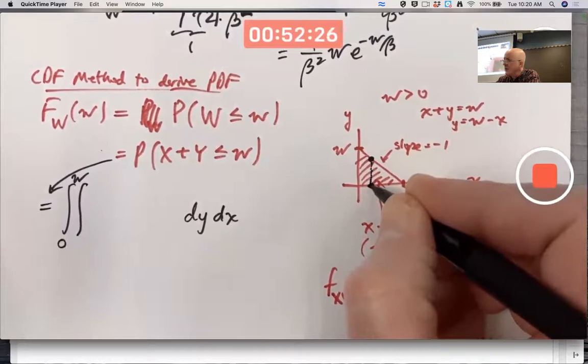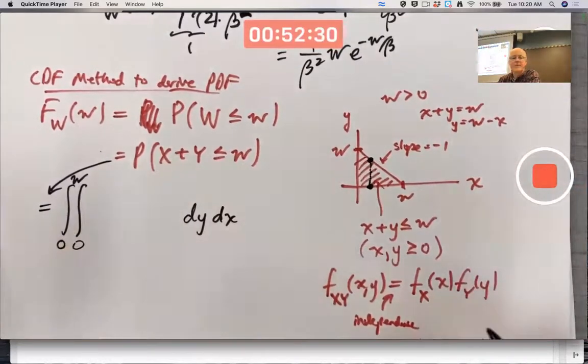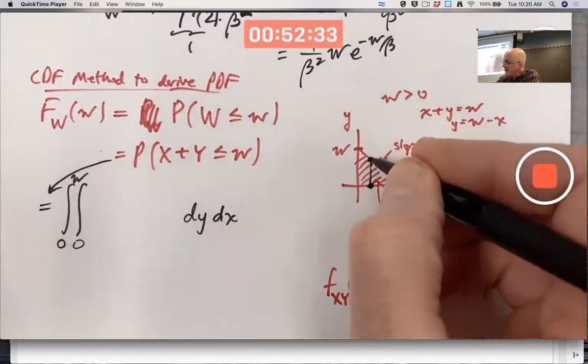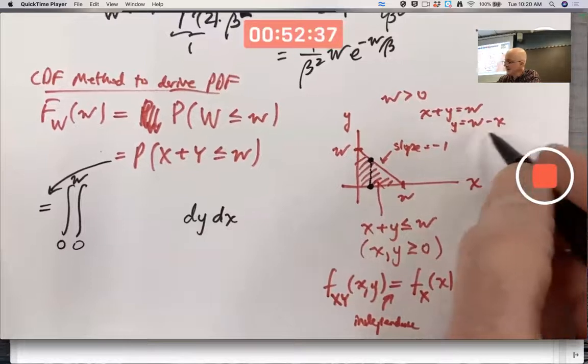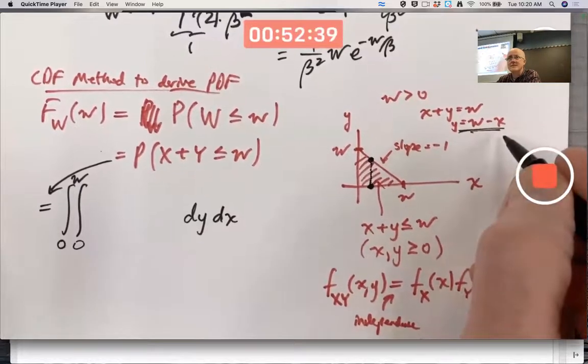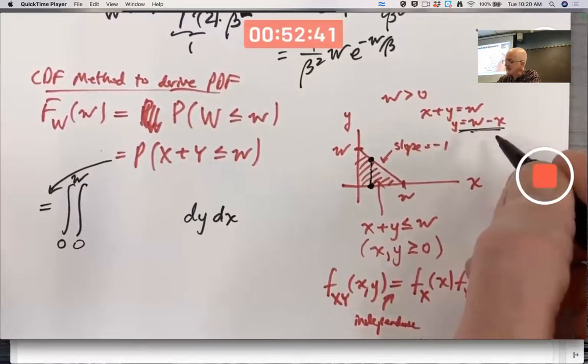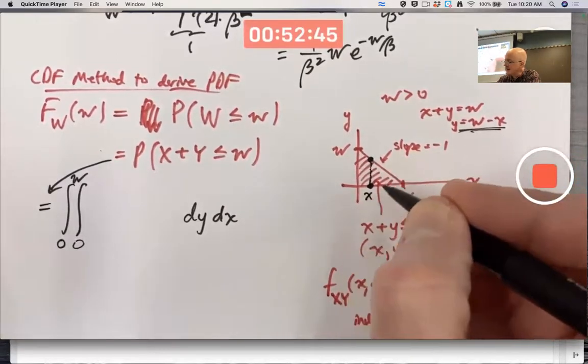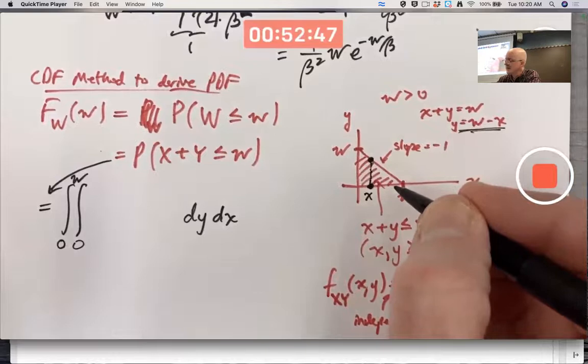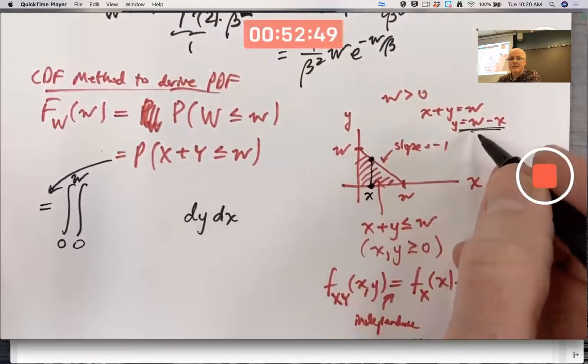The second coordinate of the first point is easy, it's just 0. The second coordinate of this point depends on x. How? It's W minus x, for a given value of x, because it's on the graph of y equals W minus x.